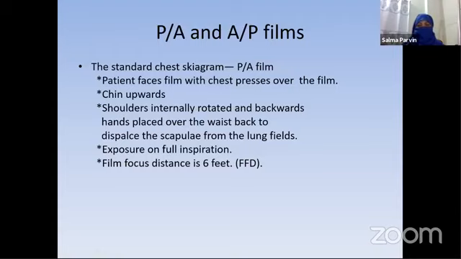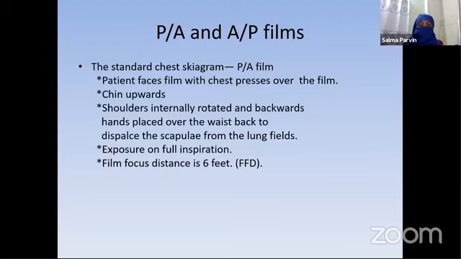Then what is the standard about the PA film? Because we are very used to studying X-rays with PA film, let's go through the common thing first. The patient in this situation faces the film with the chest pressed over the film, the cassette film.